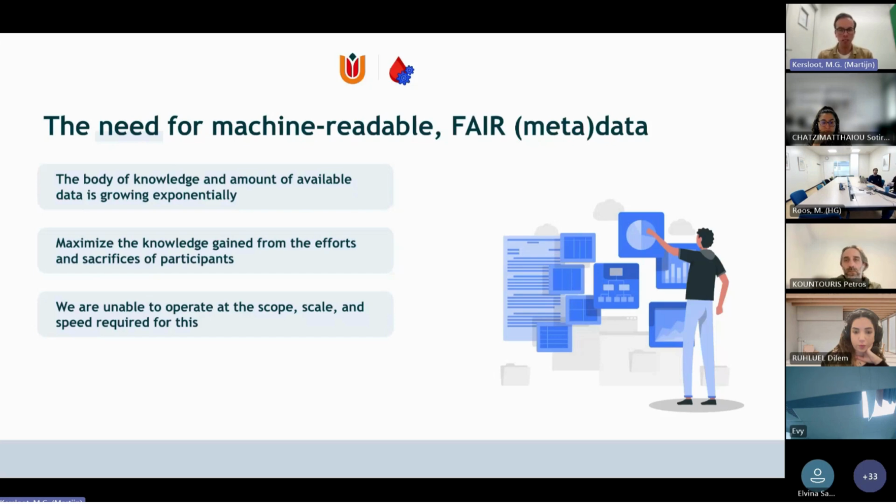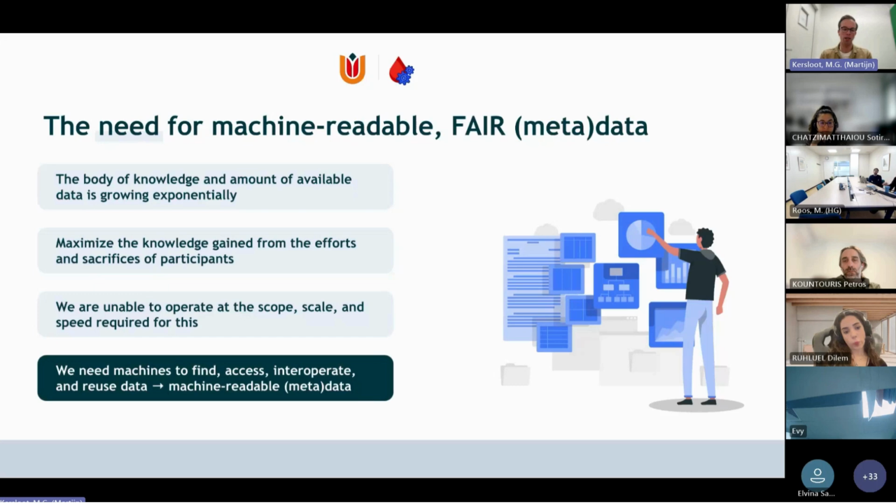So in clinical trials, for example, lots of people contribute to that and contribute to data. So based on all of this data that we have, we really want to maximize the knowledge that we can get from that data. But you can also understand if we have lots of data that's growing exponentially, then we are not really able to operate at the scope, at the scale, and the speed required to do so. And that's where computers can help us.